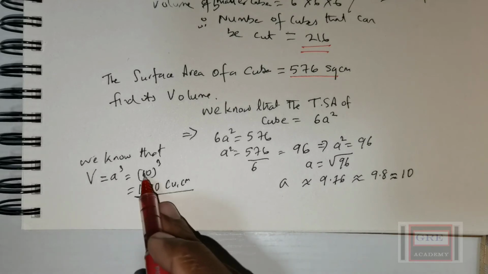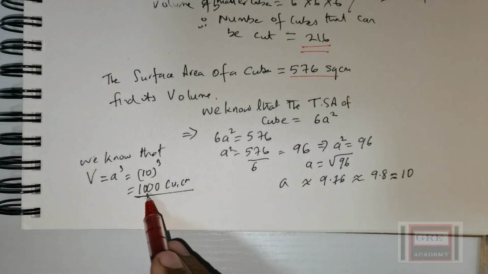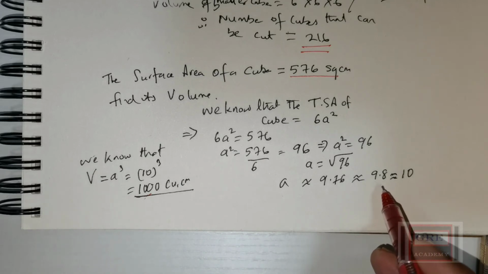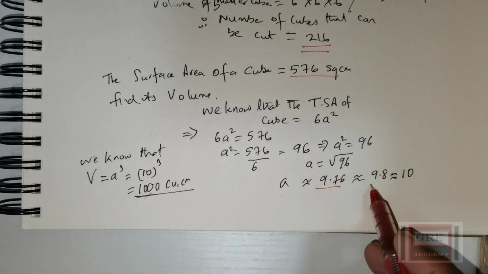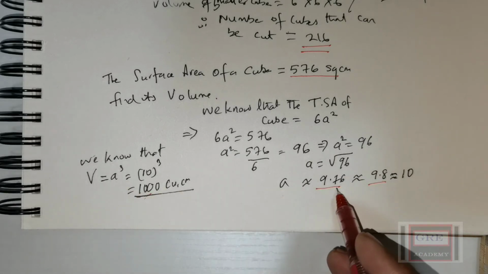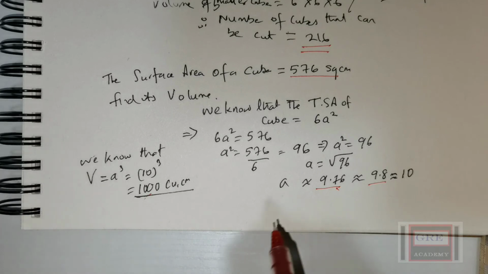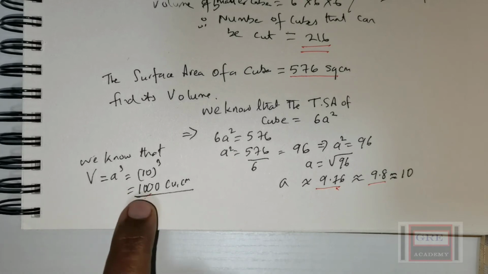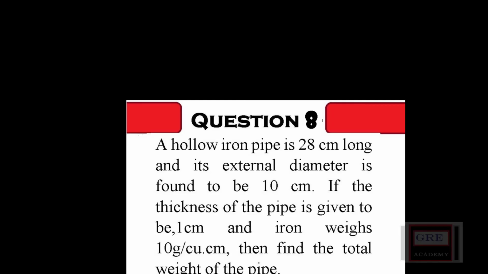Most of the times this will be one of the choices, because if you are allowed to use a calculator, then you can very well know what happens to a cubed if a is 9.76. If the calculators are not allowed, then you can approximate it and find the value for the volume.